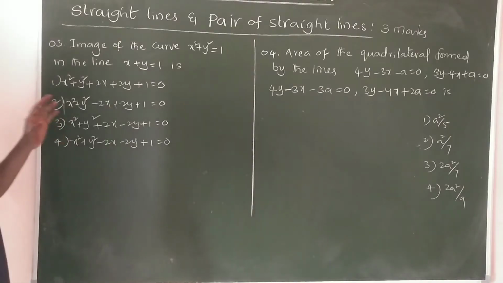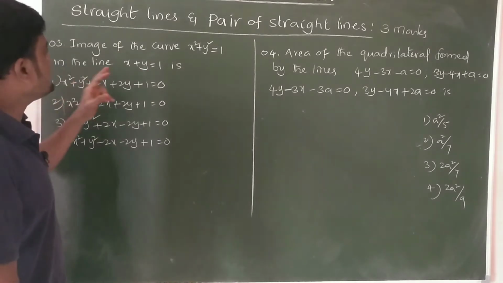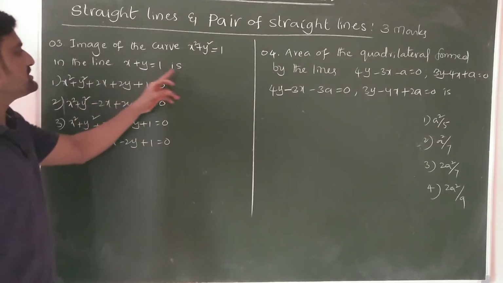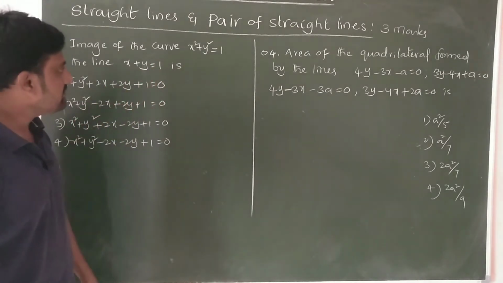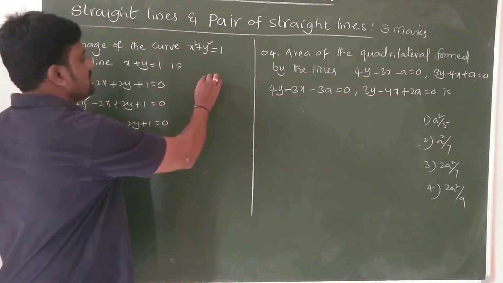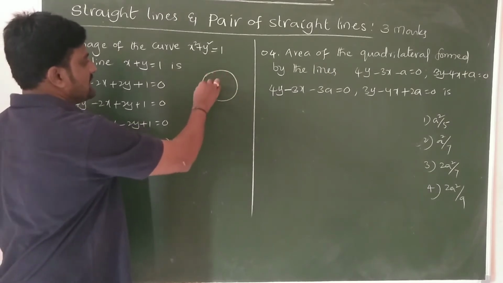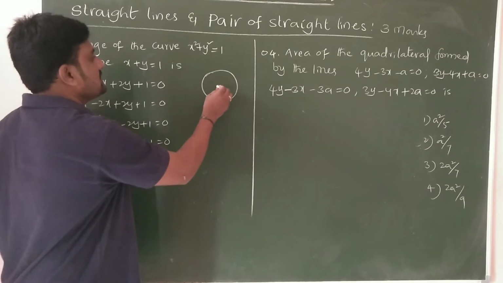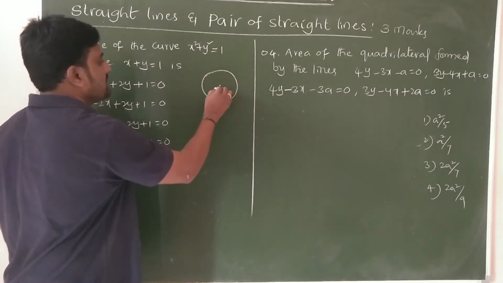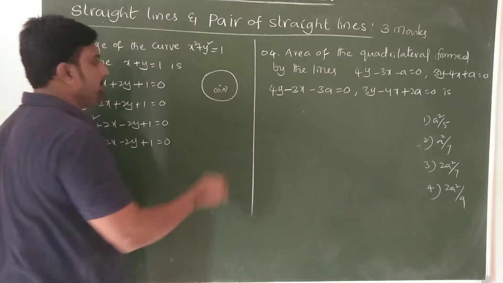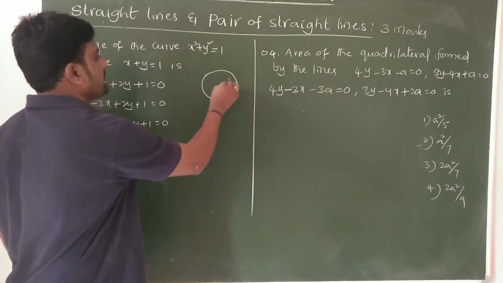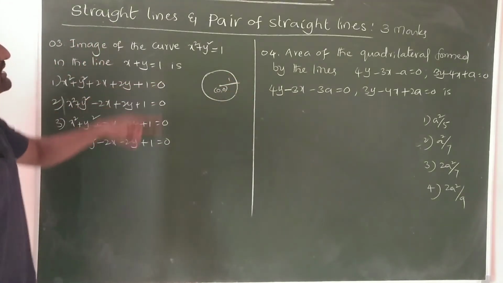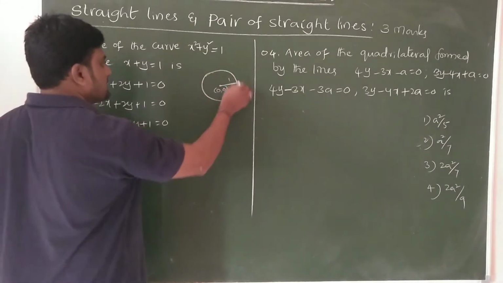Okay, let us go with more problems. What is the image of the curve x square plus y square equals 1 in the line x plus y equals 1? Now it is a circle with center 0 comma 0 and radius 1, and the image of the curve is nothing but a circle.